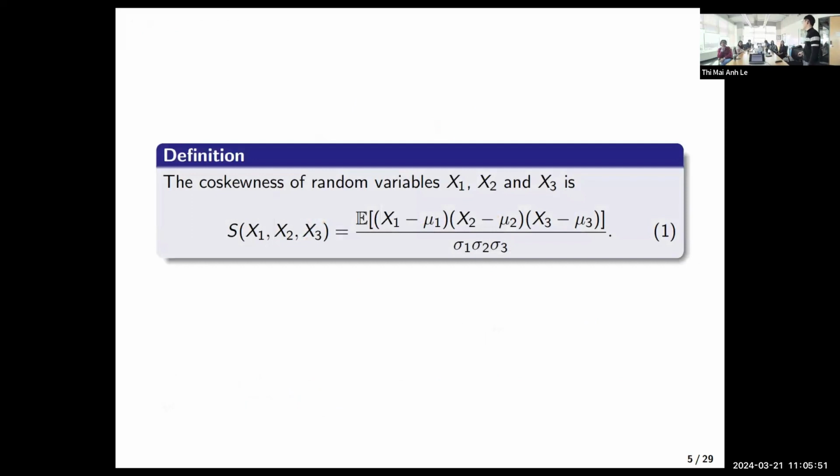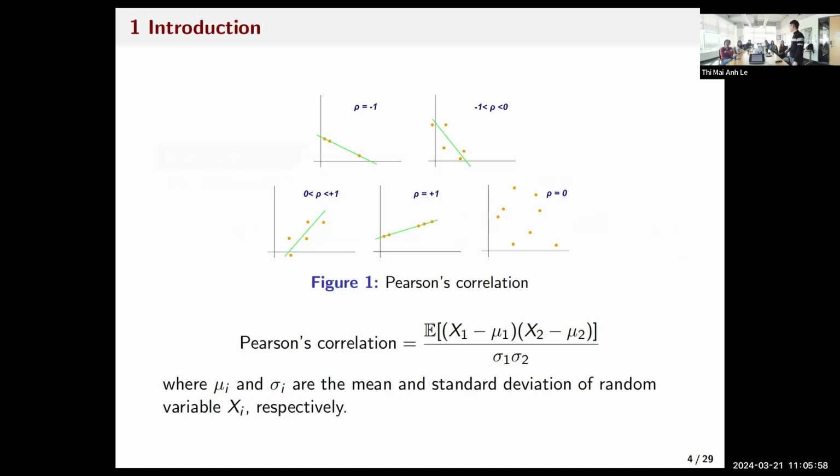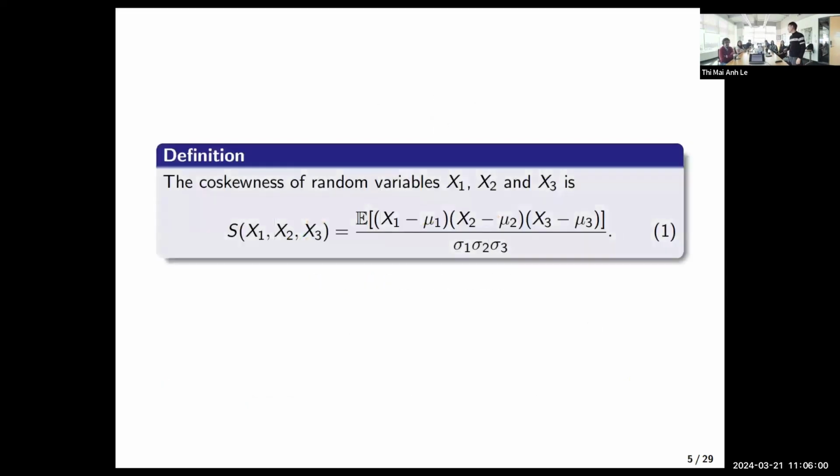However, coskewness is a less well-known concept compared with the correlation. Let's review the definition of the coskewness. The coskewness of random variables x1, x2, and x3 is in equation 1 here, and it is a statistical definition for the coskewness.